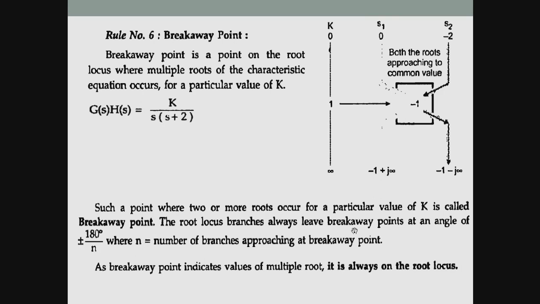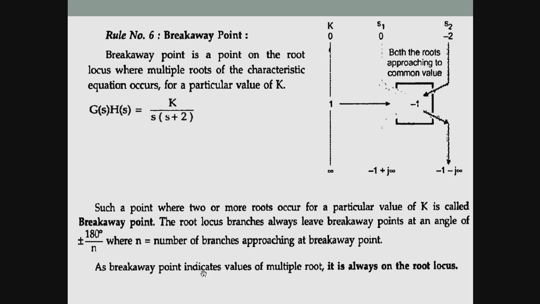The root locus branches leave the breakaway points at an angle of plus or minus 180 degrees divided by n, where n is the number of branches approaching that breakaway point.